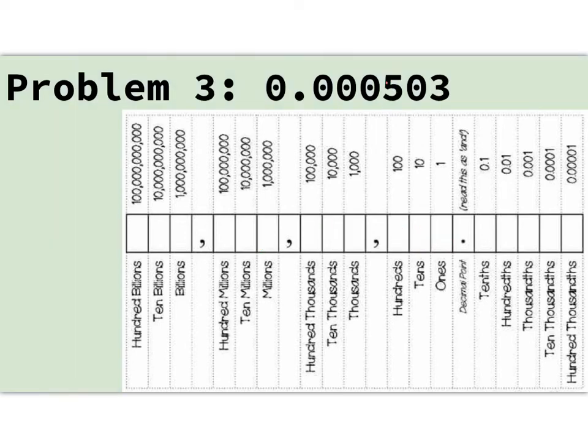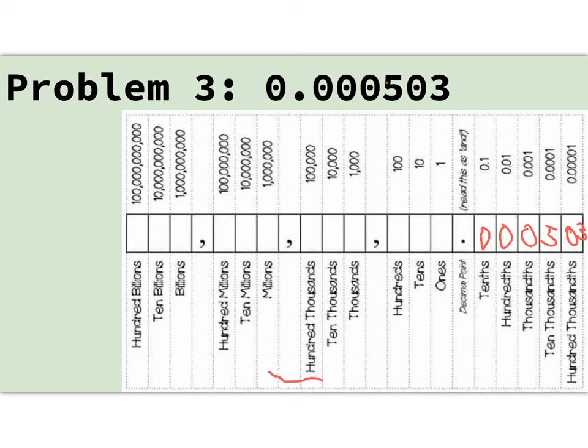Now, with numbers less than 1, our zeros hold our place value. So we have 1, 2, 3 zeros, and then we have 503. Oops, I did not get a chart big enough to go past hundred thousands. So I'm just going to write the 3 on the end. And I'm going to use the numbers on the left side of the decimal.